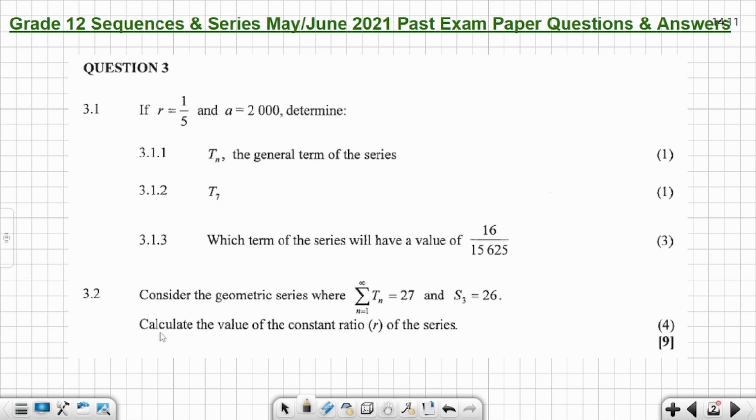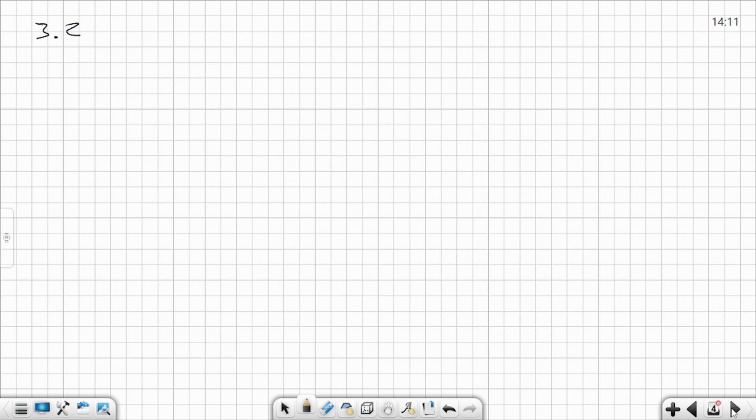Now the question is saying calculate the value of the constant ratio R of the series. So you know you are dealing with what? A geometric series. You need to determine R. Okay. Let's do it here. 3.2. So we need to determine what?